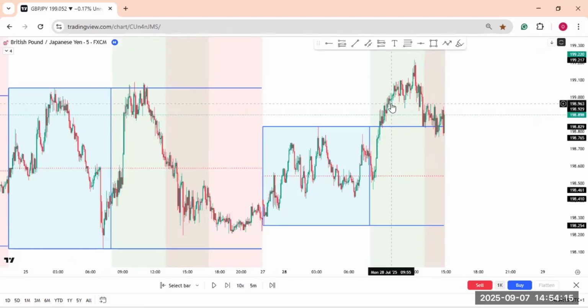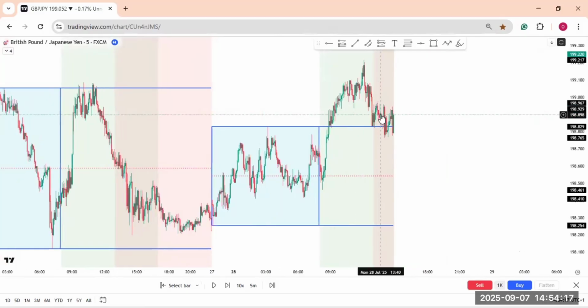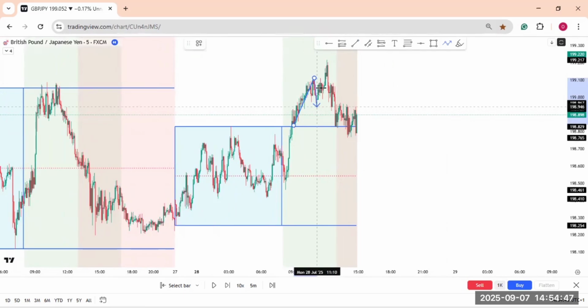We are having a change of character here as price pushed, triggered this, and we now have a change of character. So our change of character is here.